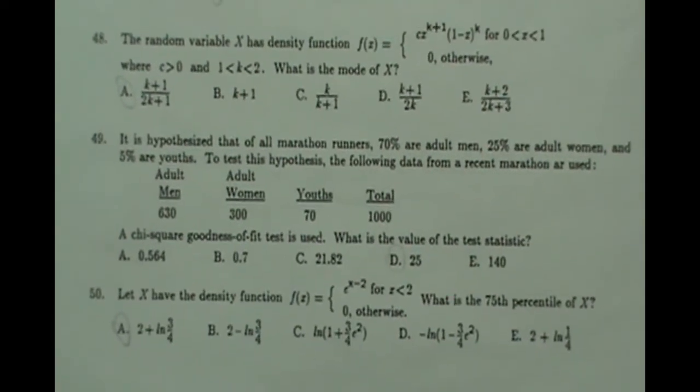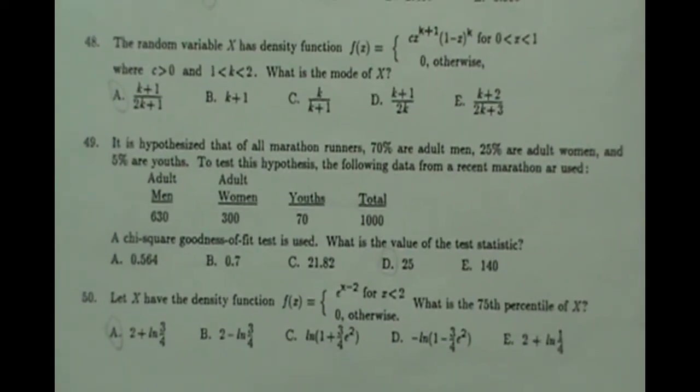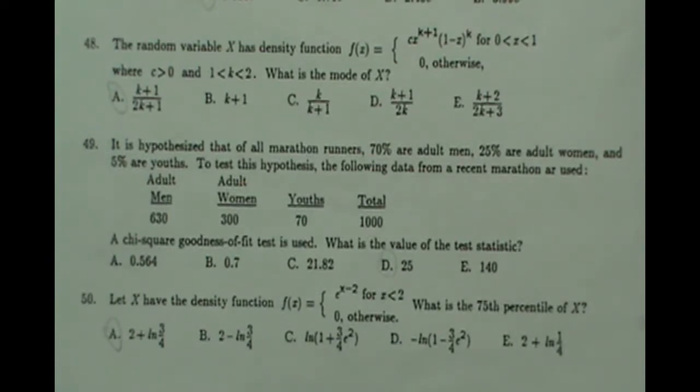Number 49. It is hypothesized that of all marathon runners, 70% are adult men, 25% are adult women, and 5% are youths. To test the hypothesis, the following data from a recent marathon are used. And there's the table.